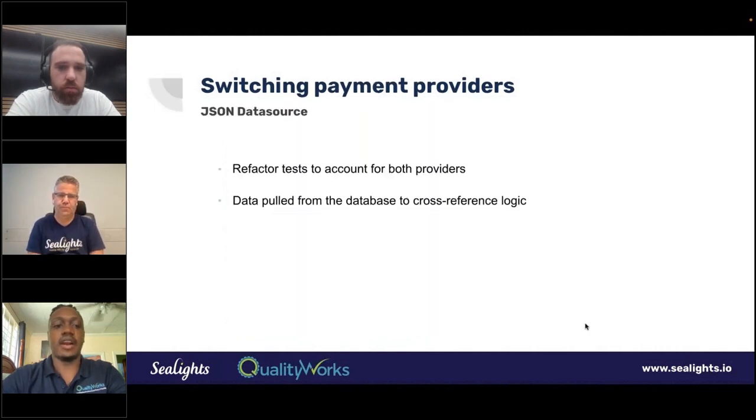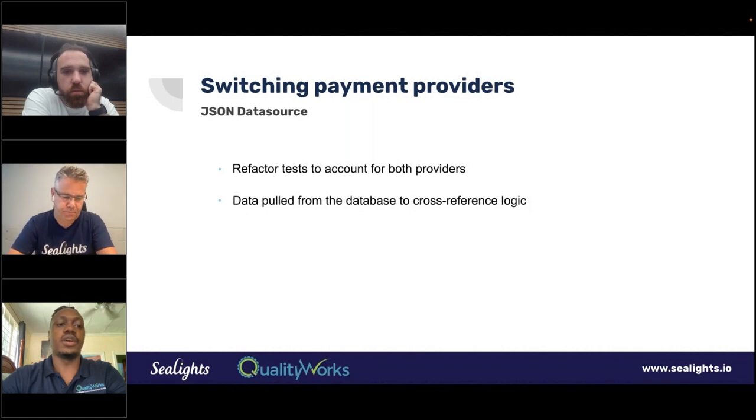And they already had existing automated tests for their existing system, but we were able to refactor the existing automation code using data-driven testing and also using JSON as a data source to test both of the providers at the same time.